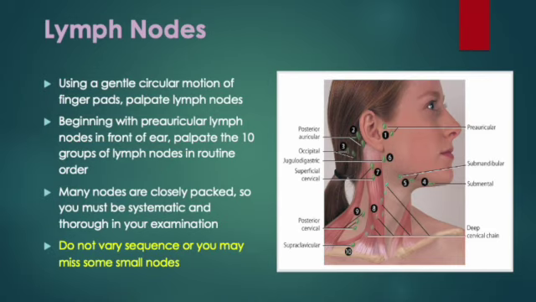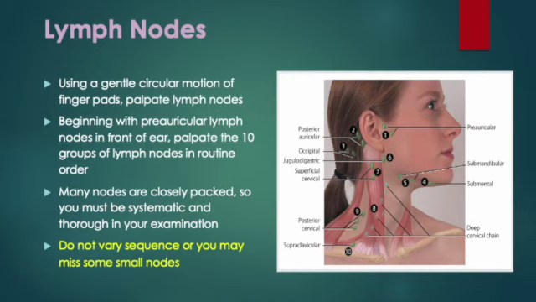Whatever you do, you want to continue doing it the same way because you don't want to miss any of the regions. But we always start with 1, 2, and 3. In lab, I will ask you to verbalize all the names. So you have to be able to name these lymph node regions and use the proper technique.